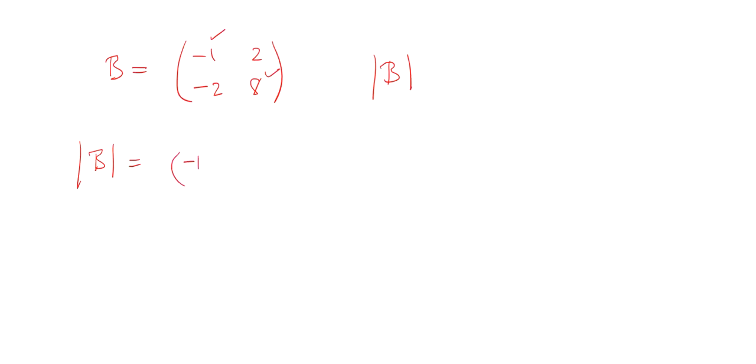So it's minus 1 multiplied by 8, minus this term by this term, which is 2 by minus 2. This will give me minus 8 minus, and 2 by minus 2 will give me minus 4. Therefore, minus 8 minus minus 4 is the same as minus 8 plus 4, so this will be minus 4. So that is how we find the determinant of a 2 by 2 matrix.